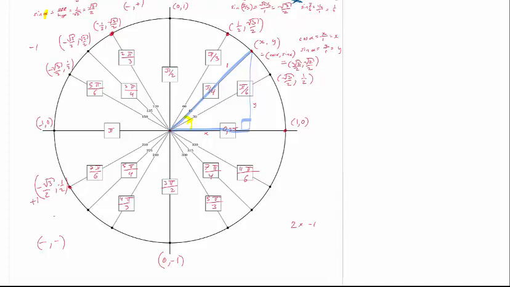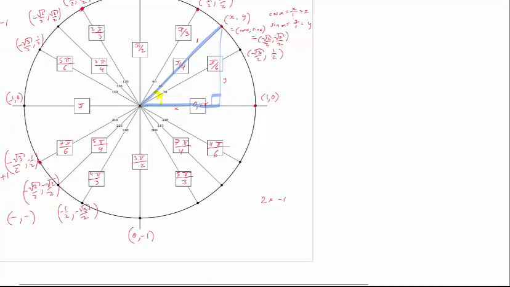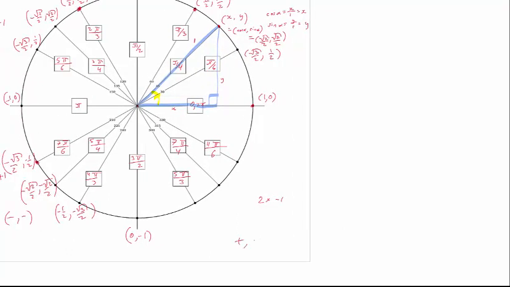And then we got -√2/2 and -√2/2 again. And then we've got -1/2 and -√3/2.